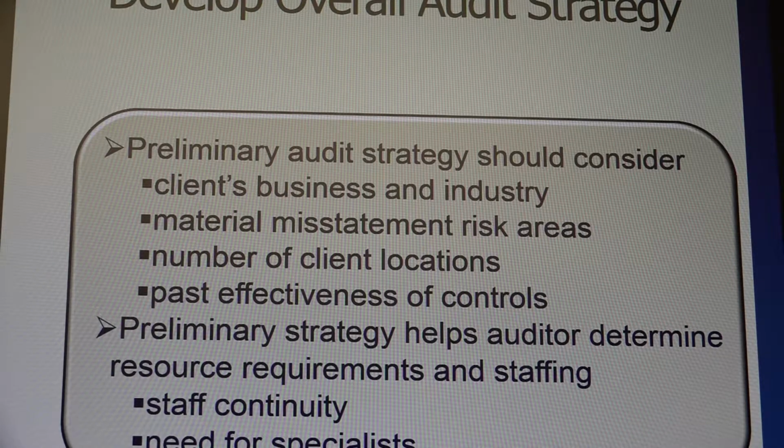This preliminary strategy helps the auditor determine resource requirements and staffing. And so if you have a multinational company, you may have to get audit staff from various offices to coordinate auditing in those locations of this company.